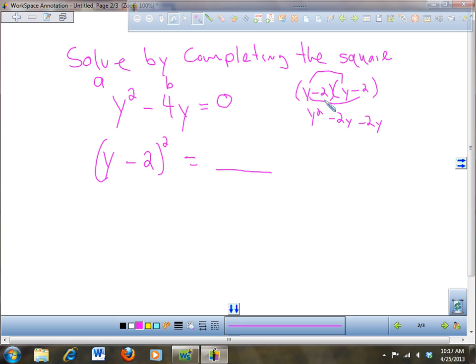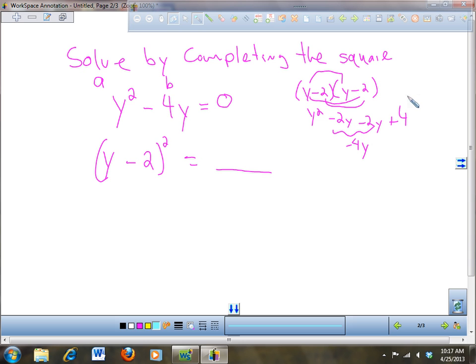Minus 2 times minus 2 is the last. What does that give you? Plus 4, right? So by rewriting this as this, what have I added to this side of the equation?